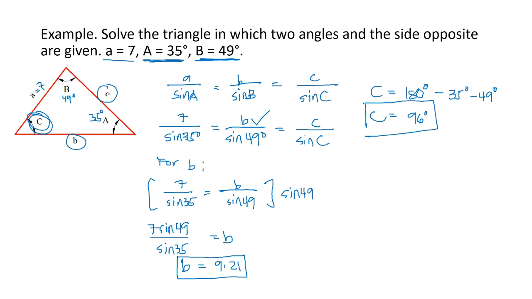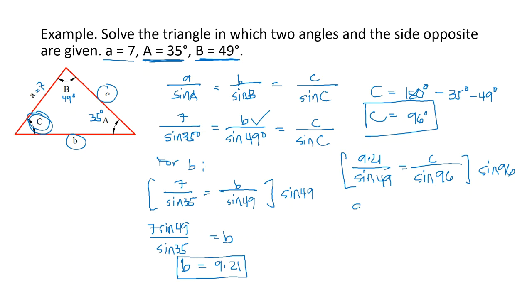For that, we can use the formula since we have a value for B already. The value for B is 9.21 over sine B, which is 49 degrees, equivalent to side C, which is unknown, over sine C, which is 96 degrees. In order to isolate C, multiply both sides by sine 96.